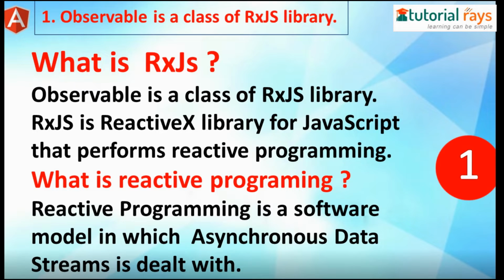Reactive programming is related to asynchronous data streams. And as I mentioned before, observable is nothing but a collection of asynchronous data, and observable also takes care of this asynchronous data, which I will show you through an illustration.